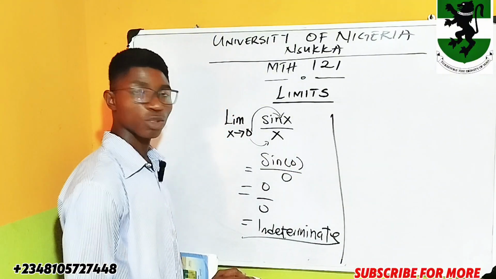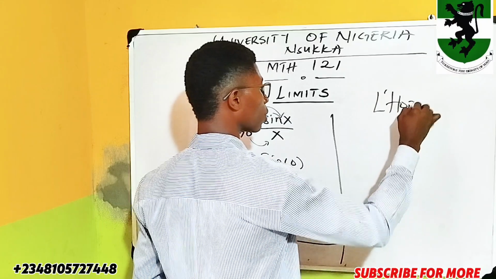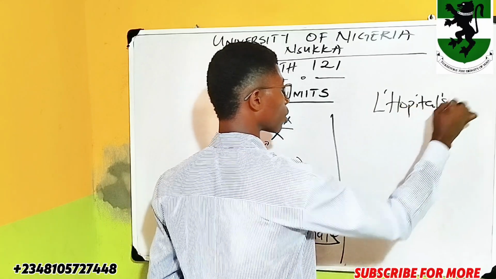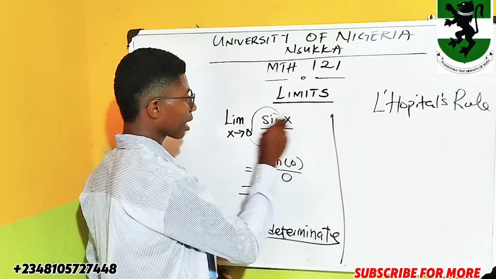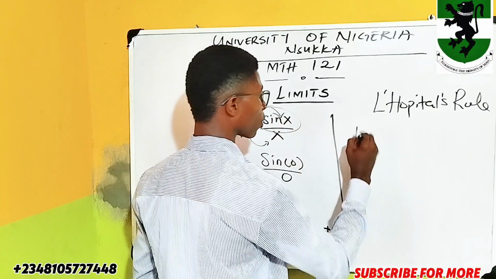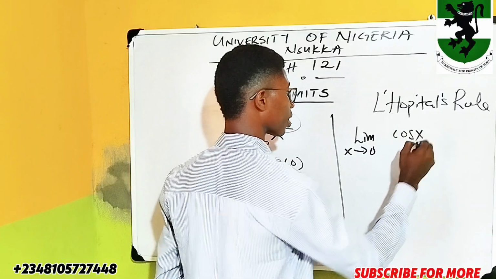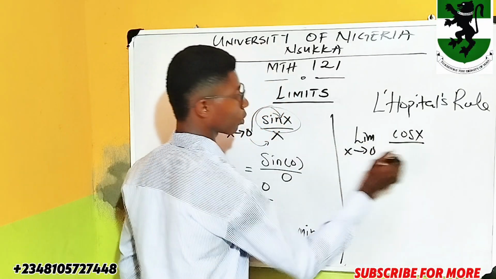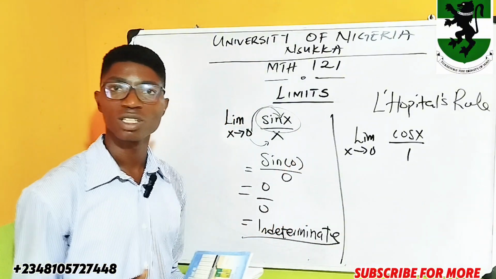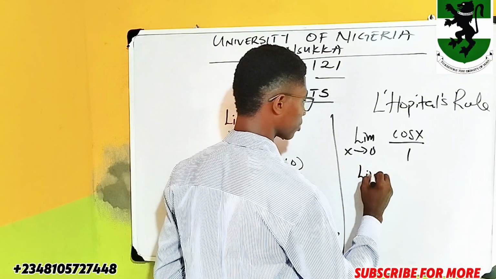We're going to apply L'Hopital's rule. From L'Hopital's rule, we differentiate the numerator, differentiate sine x, and we have cos x. When you differentiate x, you have 1. We now go on direct substitution.